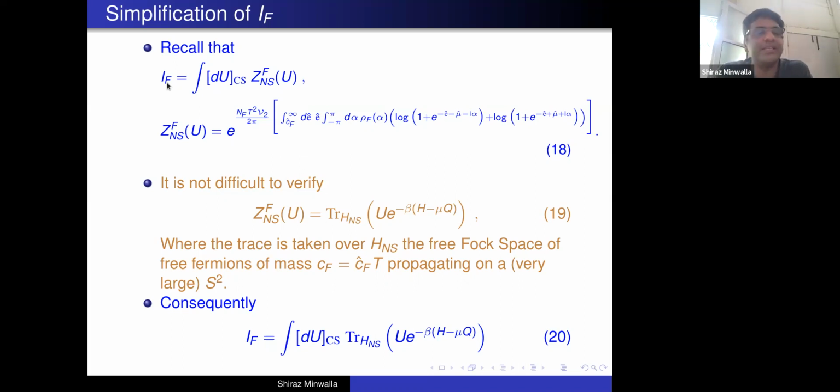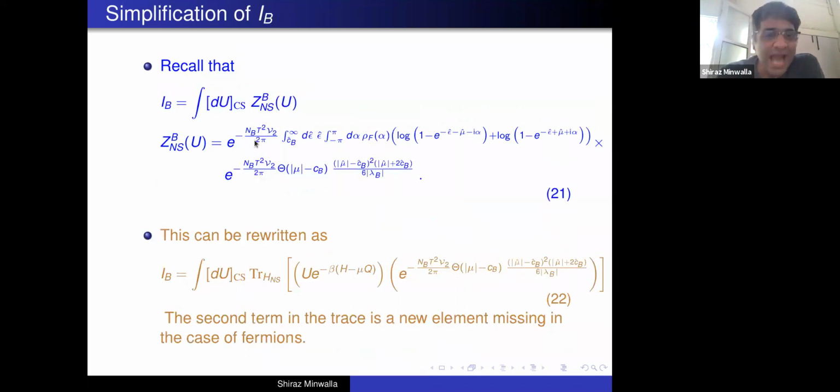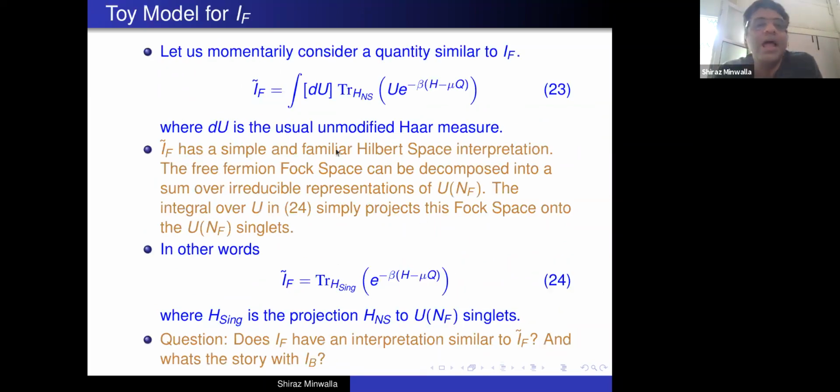So all we need to do is to compute IF, which is this integral over the Chern-Simons modified Haar measure of the twisted partition function of fermions twisted by U. Now recall that something similar happens for bosons, except that there's this additional strange theta function factor.